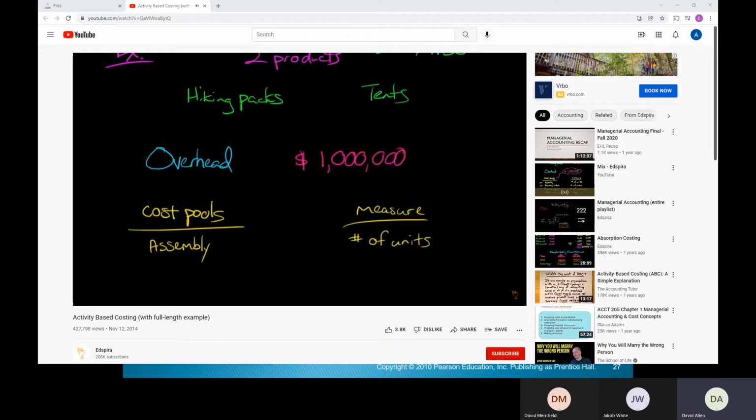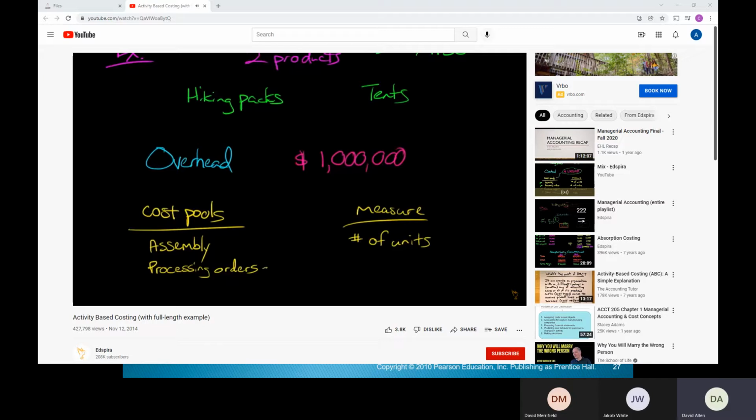So our second cost pool, let's say, is processing orders. If you're asking yourself where we even come up with these cost pools, well, this is something that's different for every organization. One organization might say this is trivial and we don't need to deal with it. So it's specific to the organization, and we're just saying we've spoken with the managers, and these are the cost pools they feel are most relevant.